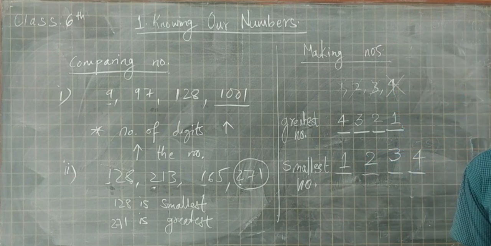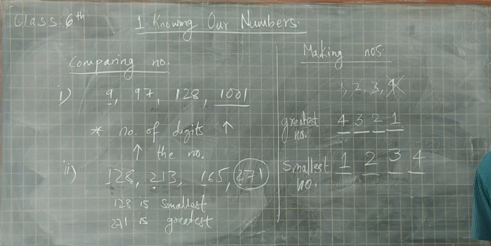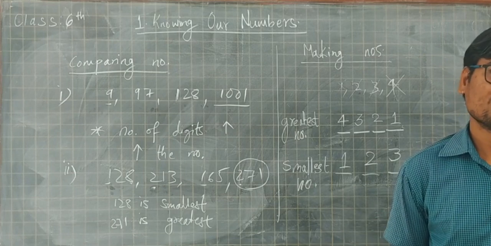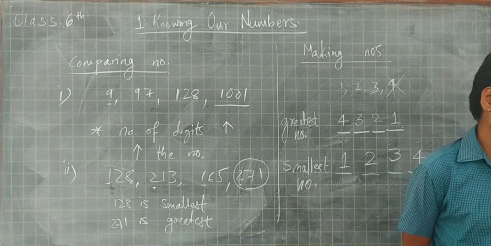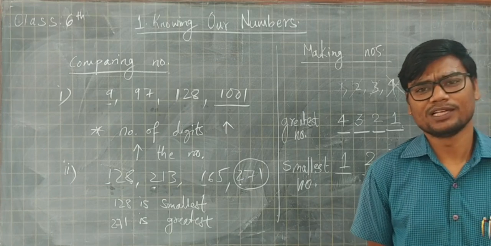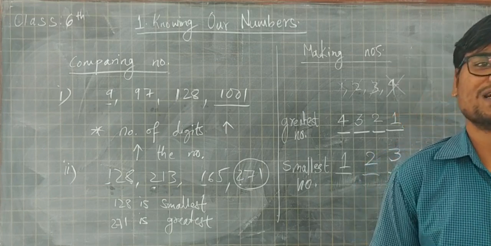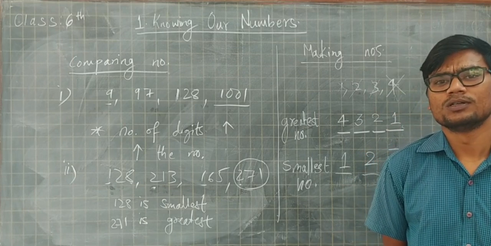We will discuss place value and the naming, the Indian system and the international system, that is the Indian place value system and the international place value system, in the next module.